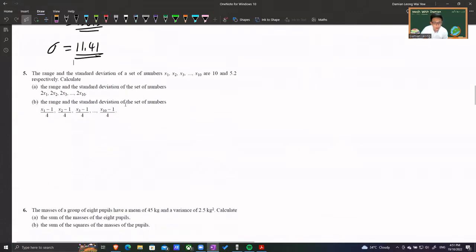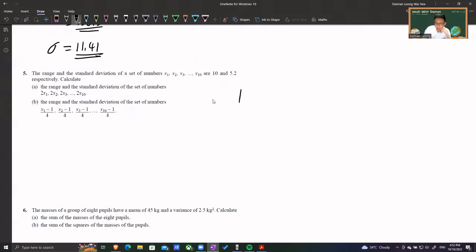Then we look at question 5. The range and standard deviation of the set of numbers x1, x2, x3 up until x10 are 10 and 5.2. I want to calculate the range and standard deviation of this new set of numbers. Now, when we plus or minus each of the values in the set, the gap between them will remain the same.